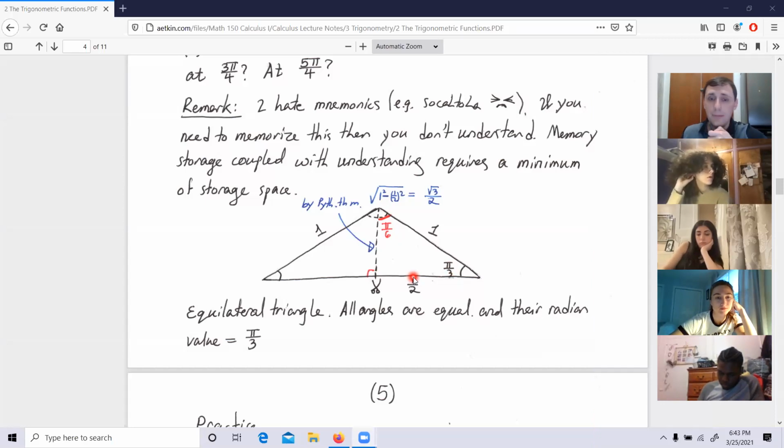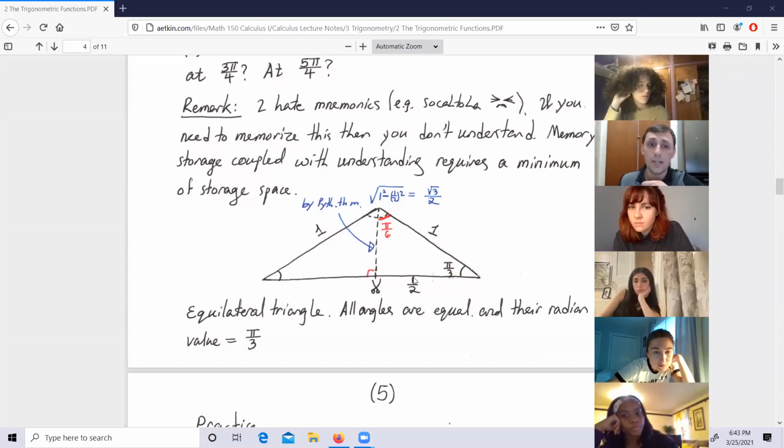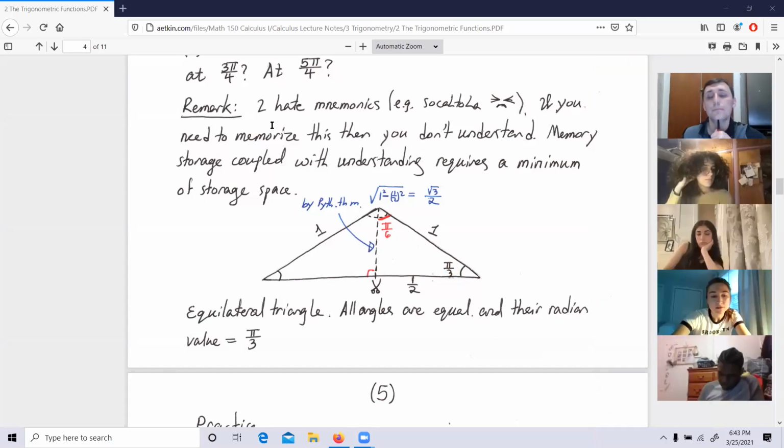And may I trust that you know what is cosine of pi over 6? Cosine of pi over 6 is what? Root 3 over 2. Exactly, right? So cosine of pi over 6 is the adjacent, which you calculate as root 3 over 2. Good.